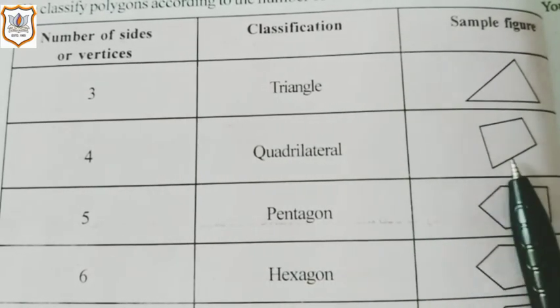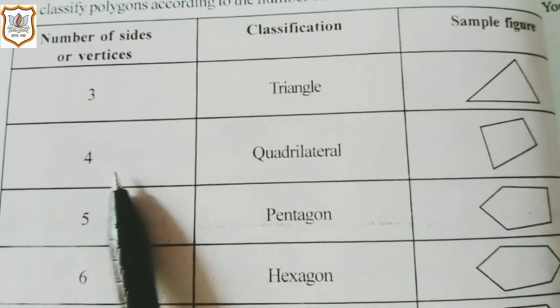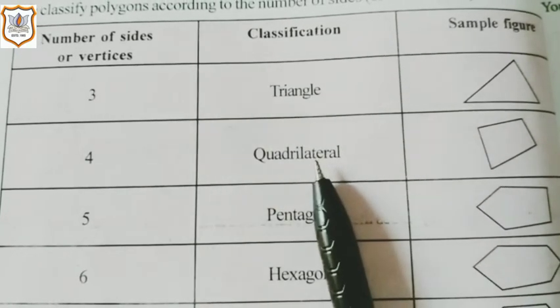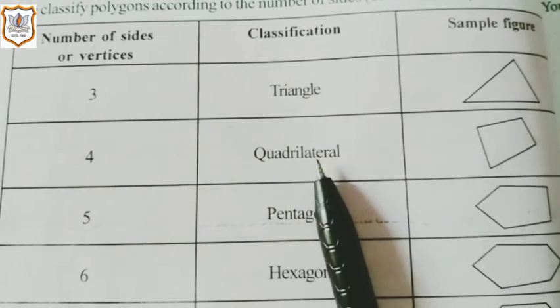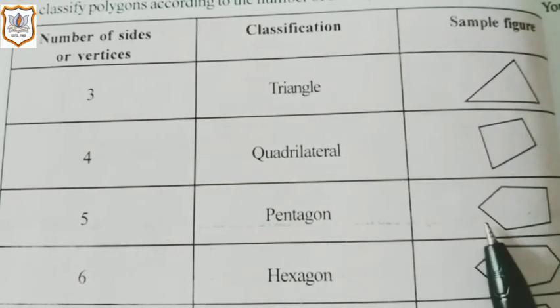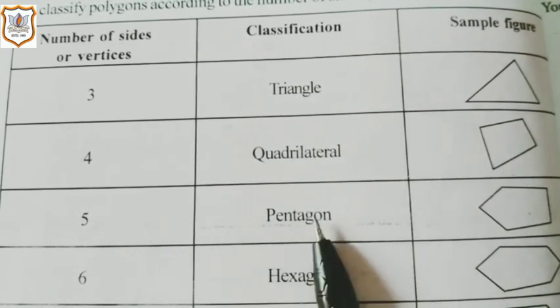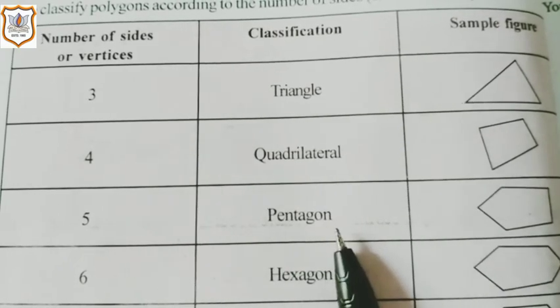How many sides in this figure? 4 sides. So the number of sides is 4, so this is a quadrilateral. Next, count 1, 2, 3, 4, 5. How many sides? 5. 5 sides means this is a pentagon.